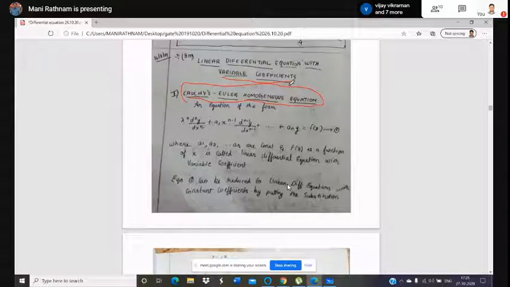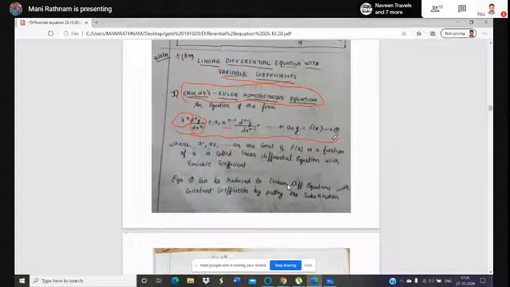But here we define a differential equation with variable coefficient. The variable coefficient is nothing but x power n, x power n minus 1, etc. So this is the standard format for a variable coefficient differential equation.